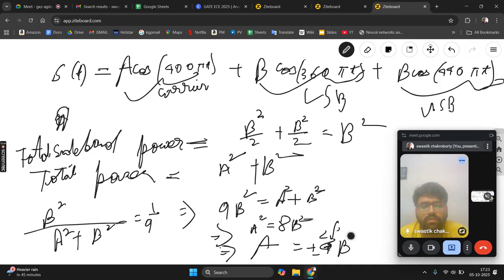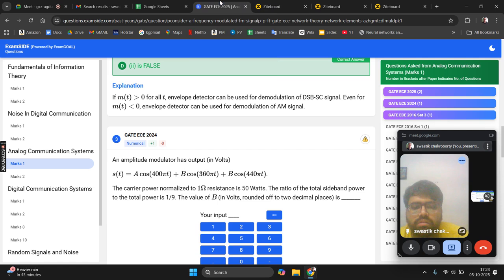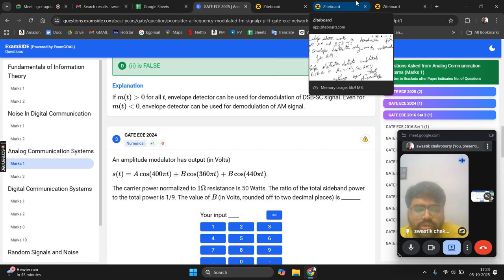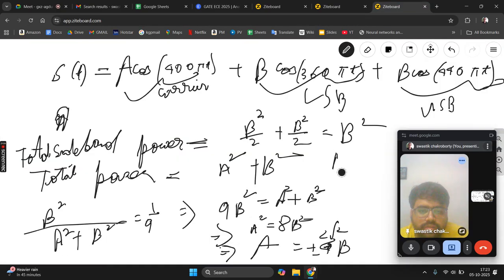Now the carrier power is given to be 50 watts, so it is A squared by 2.